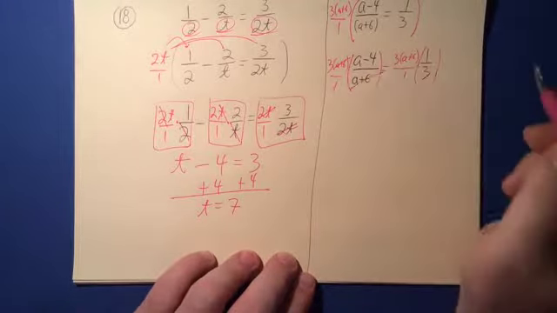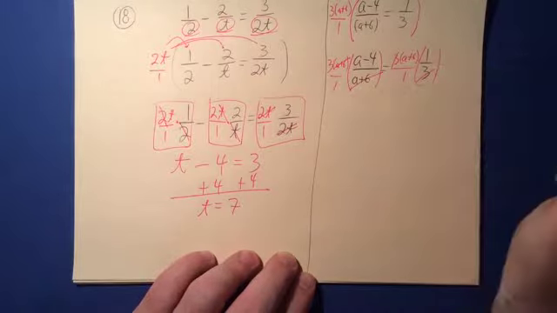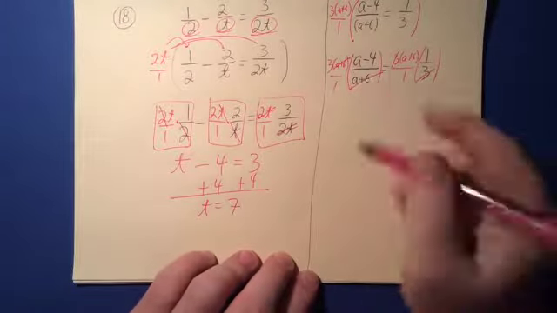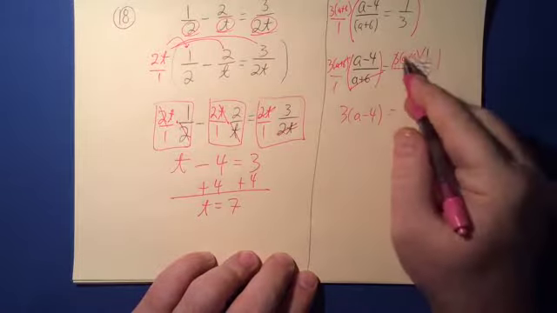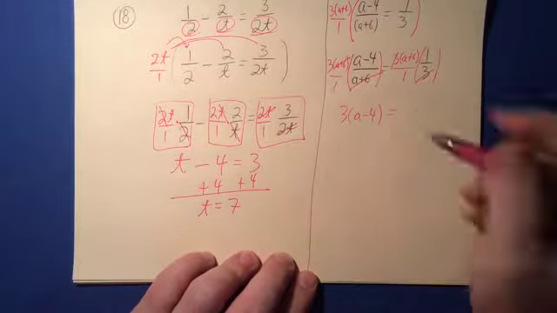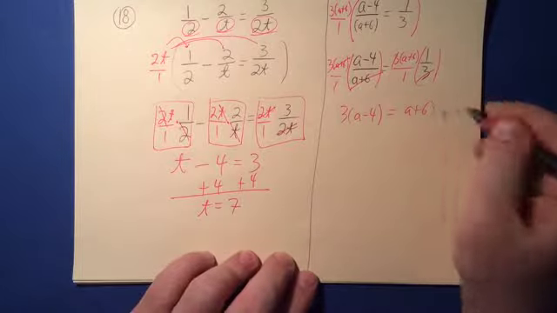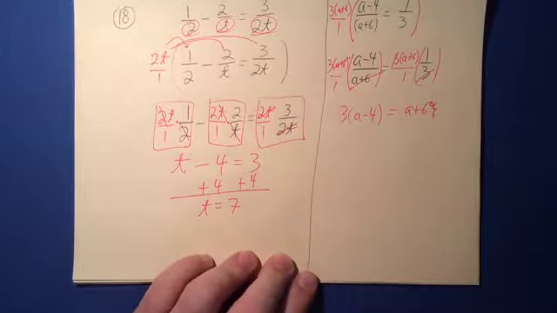Here the a plus 6 is reduced, here the 3 reduces. So on the top here I have 3 times a minus 4 equals a plus 6 times 1, which will be a plus 6. I don't need the parentheses now.